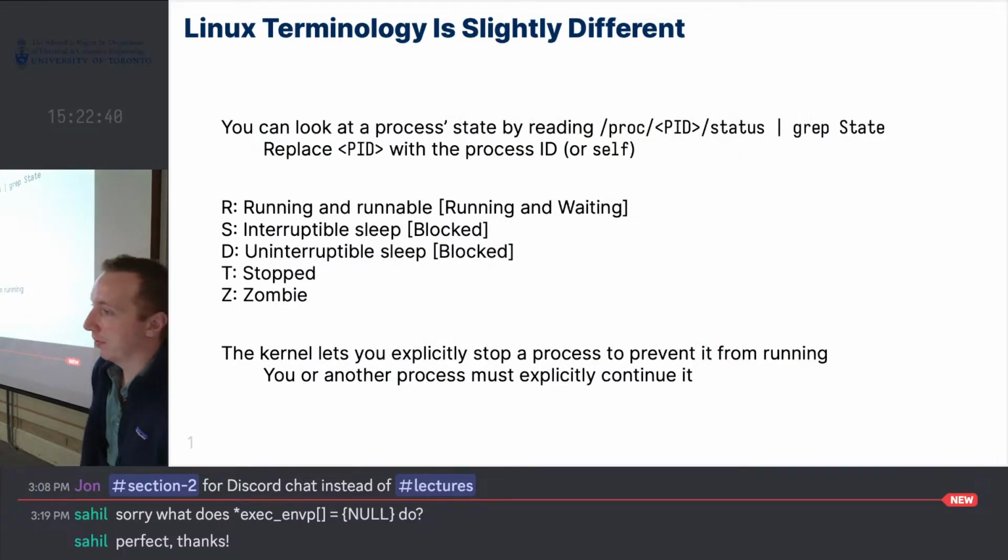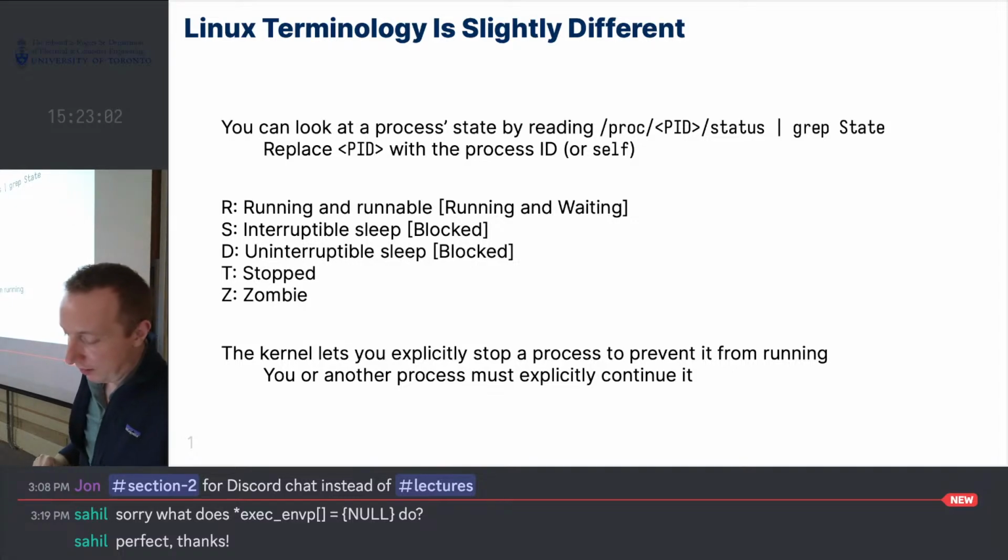All right, so we saw that process state diagram before with the waiting state, which was also called ready, the running state, and blocked. The Linux terminology is slightly different. The real technical details get a little bit muddy, but in general it looks like this. You might have poked around in the proc file system already for lab 1.